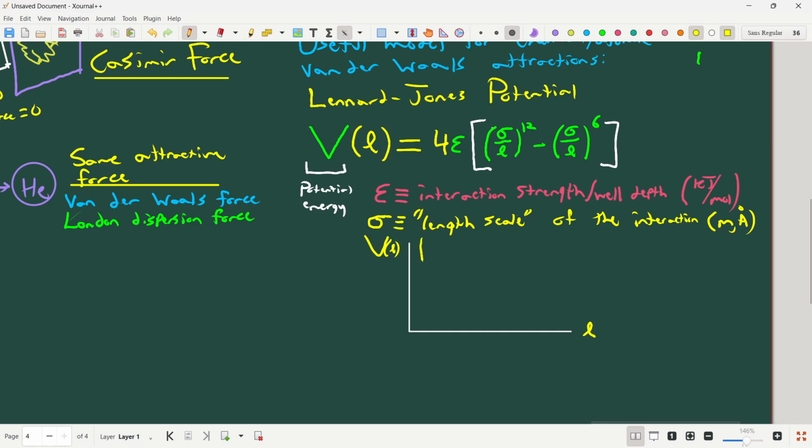So it grows really fast like that to infinity. What happens in the limit as L goes to infinity, when they're infinitely far apart? Well, this is just 0 minus 0, it's 0. So at long distance, the function goes to 0.